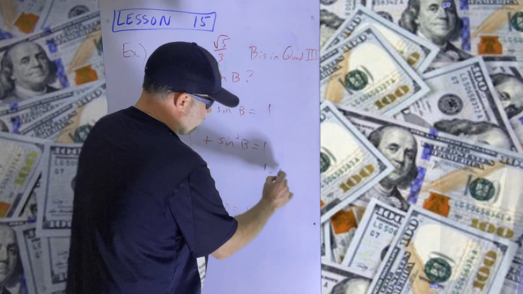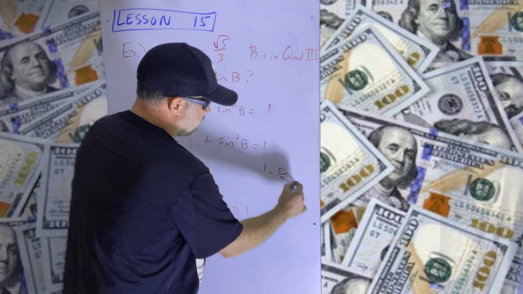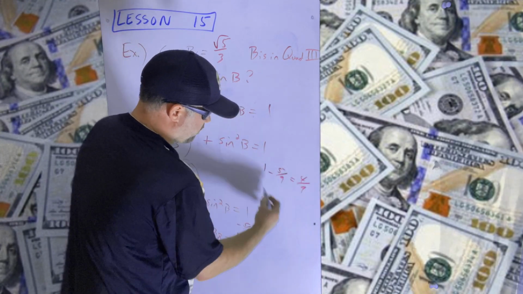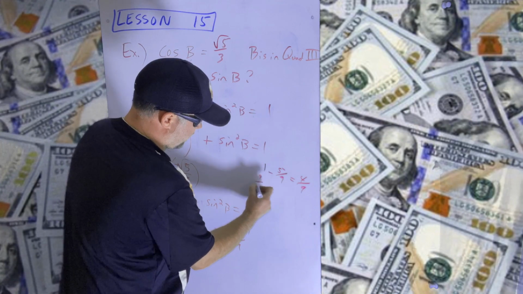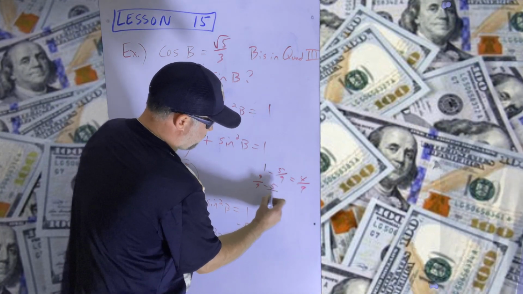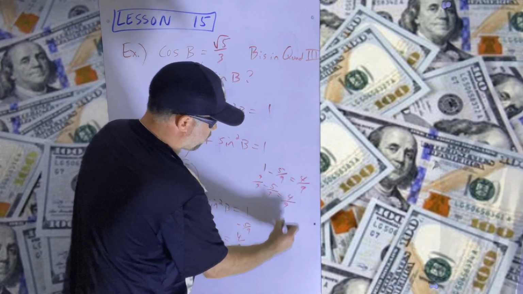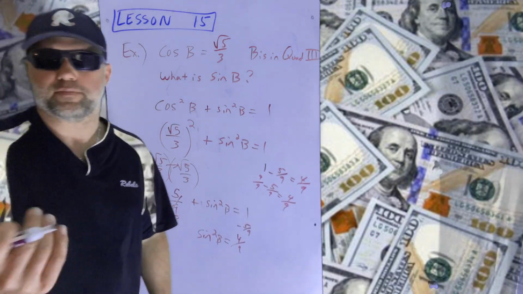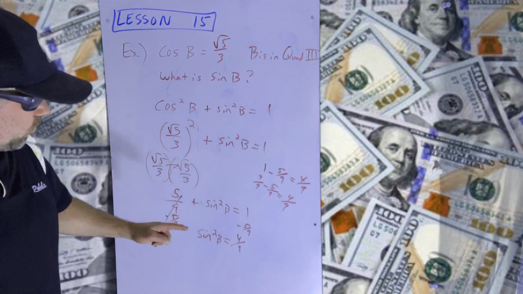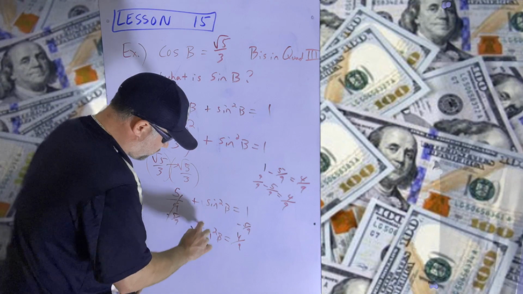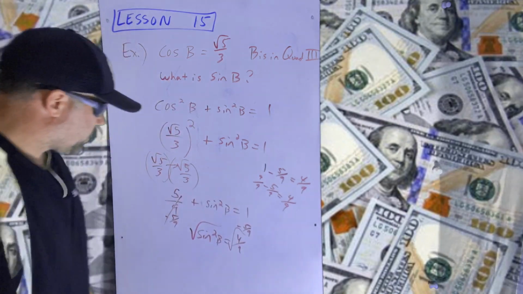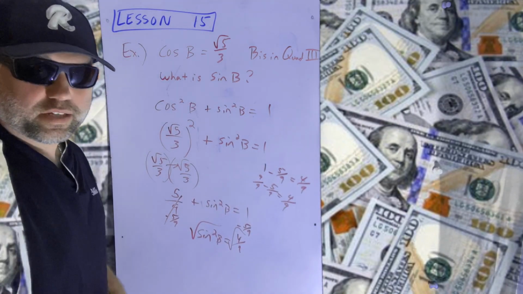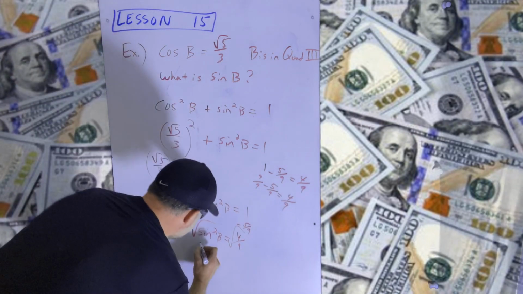Just do 1 minus 5/9 on your calculator, and that'll also give you 4/9. But I'm treating 1 as 9/9 minus 5/9 and calling it 4/9, doing it that way with common denominators. When I get to here, I now need to square root both sides, and that's going to leave me with the sine of B.